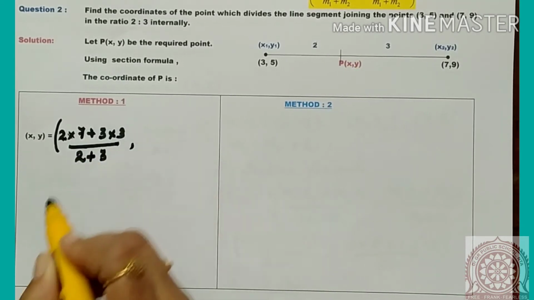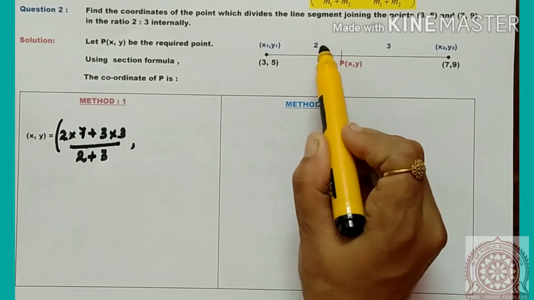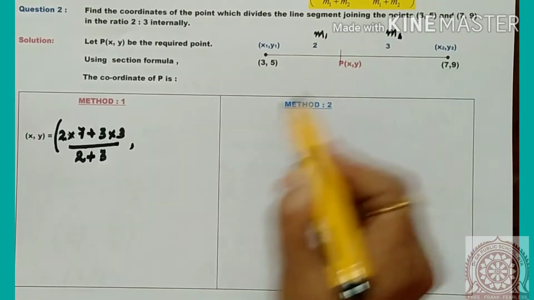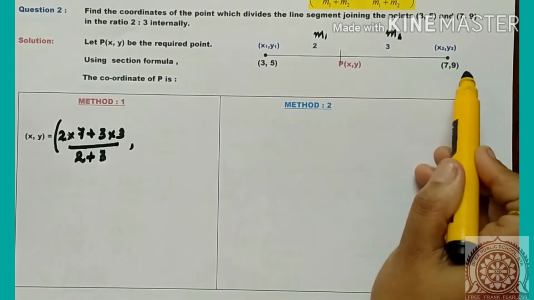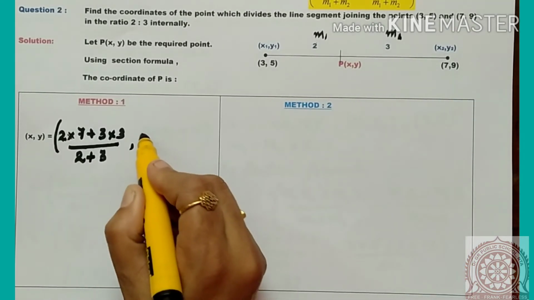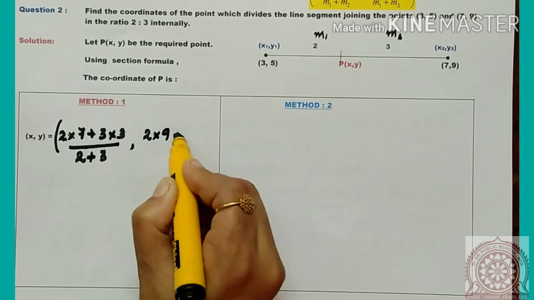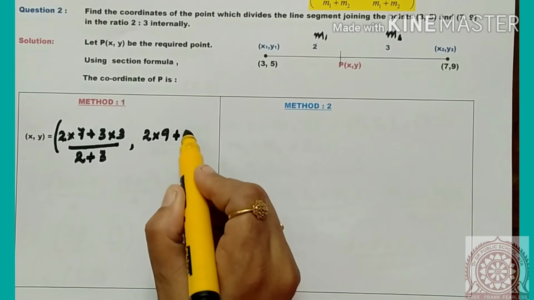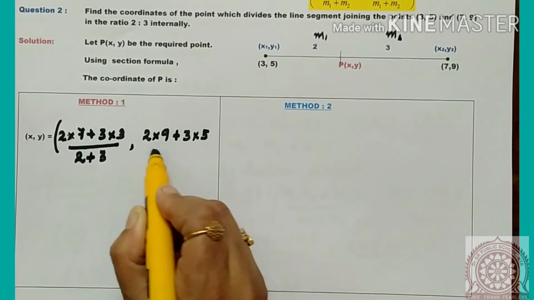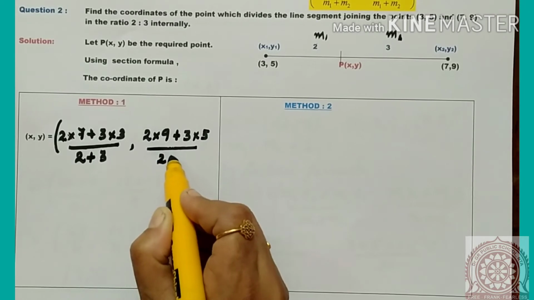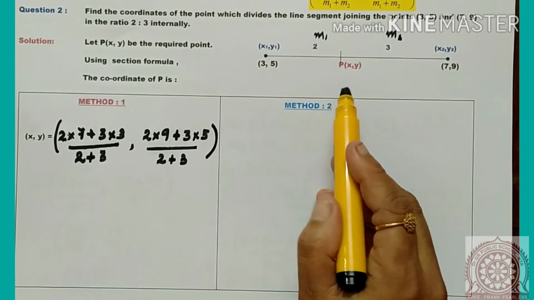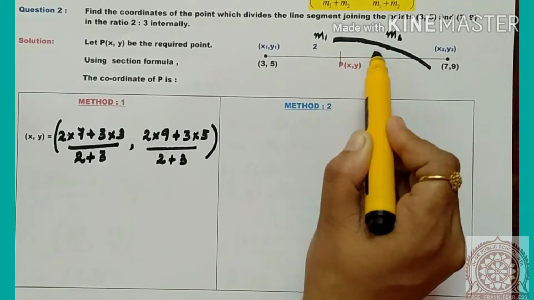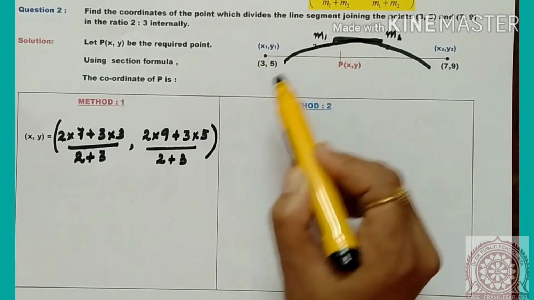And the other component, the y coordinate: this is your m1 and this is m2. m1 you multiply with the faraway y coordinate 9, m1 is 2 into 9, plus m2 is 3, you multiply with the faraway y coordinate 5, 3 into 5, divided by m1 plus m2. This seems to be easy, just looking at the figure and doing it. m1 you multiply with the faraway coordinate, m2 you multiply with the faraway coordinate, in this way.